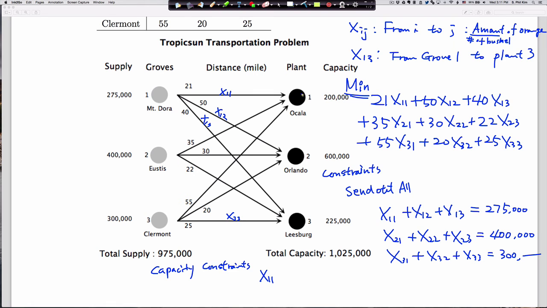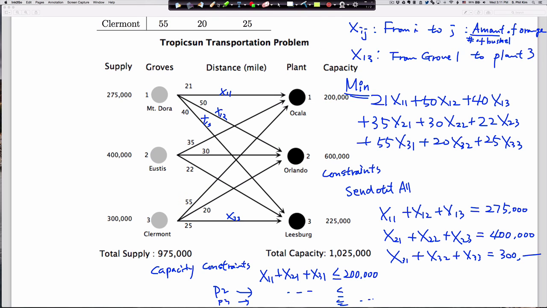This one is also coming to plant 1, which is x21, plus x31, should be less than or equal to its capacity. So you can do that for plant 2, plant 3, you will have this one.